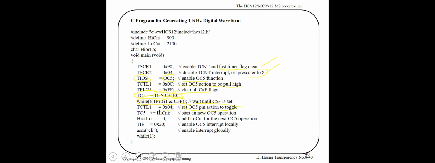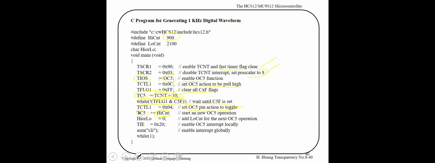Then we add the high count because we started from the high. The high count, if you look here, is defined as a constant with 900. So we add 900 to TC5.